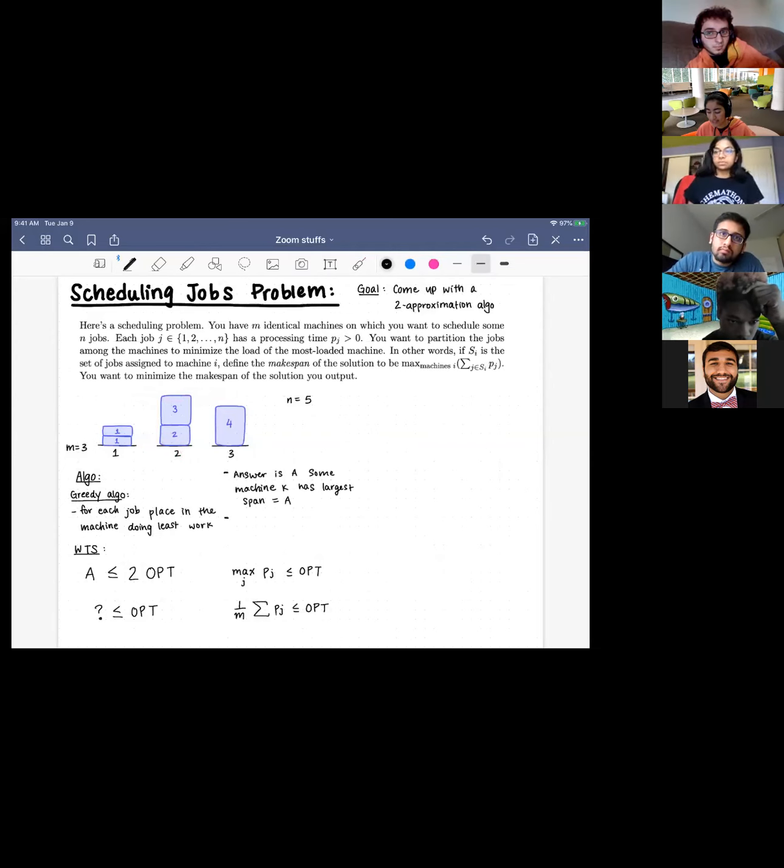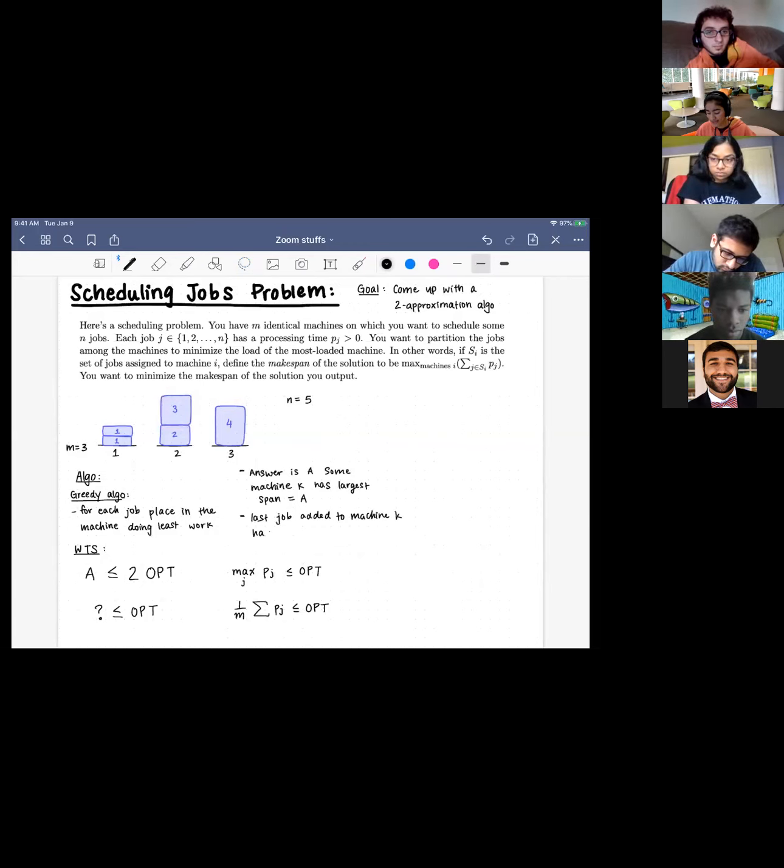So let's analyze what the algorithm itself is doing to get that answer. If the span of our answer is 5, there must have been some last job that was added to make it 5. So let's say that the last job added to machine K has processing time pi.